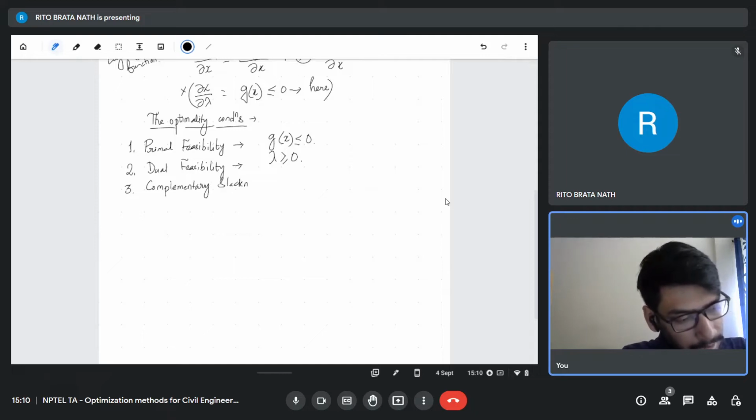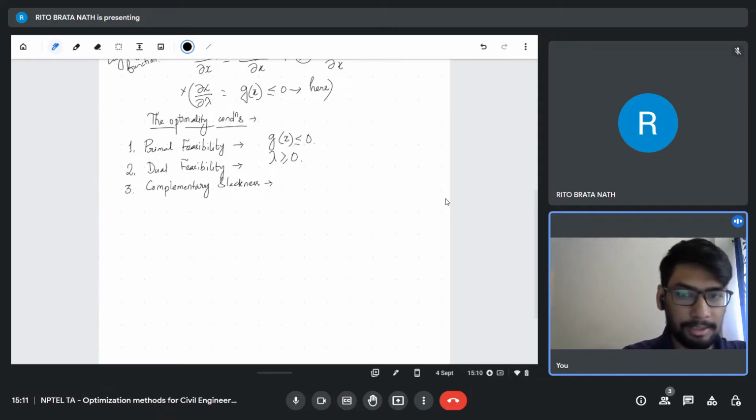Sir proved this by converting the g(x) less than or equal to 0 functions into equalities by adding some y_j square, and then had the condition of the lambdas multiplied with the primal functions.